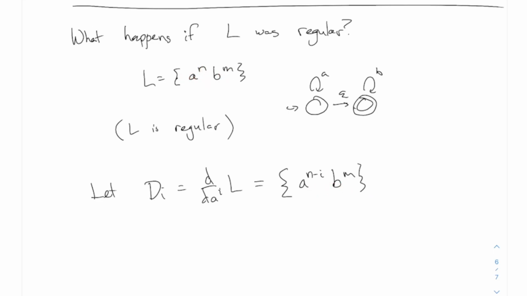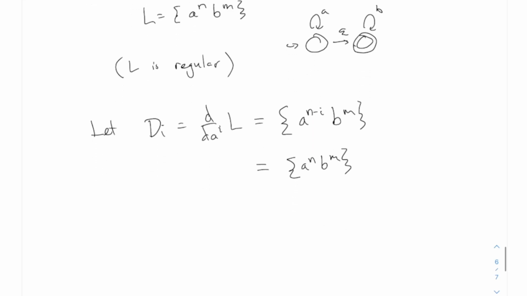This set, I say, there's some number of a's and some number of b's. It actually is the same set again. This, in fact, as a set, it is equal to this. The fact that you took away i of them means you imagine there used to be more a's, but now there's less a's, but it doesn't matter. There's still just some number of a's there, followed by some number of b's there.